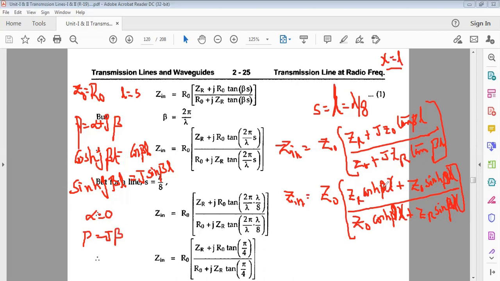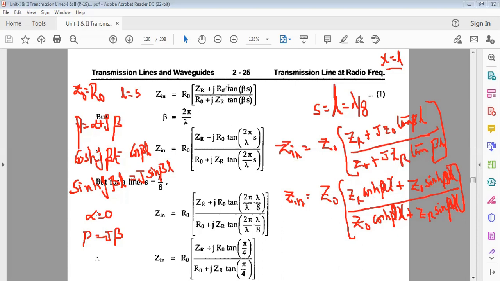Means when it is cos hyperbolic P as j beta into x, x is equal to L, j beta L. Cos hyperbolic j beta L becomes cos beta L, and sine hyperbolic j beta L becomes j sine beta L. Take both the numerator and denominator with cos beta L as common. Sine beta L by cos beta L is tan beta L here, and in Z0 plus j ZR, sine beta L by cos beta L is tan beta L. I hope everybody knows how we got this expression.